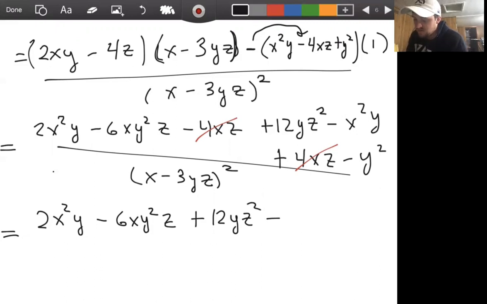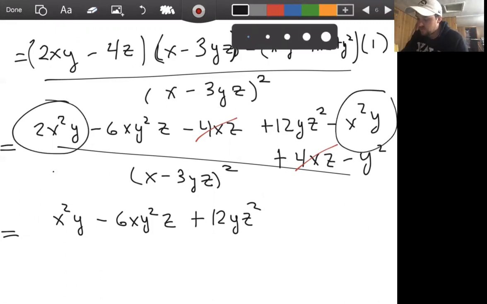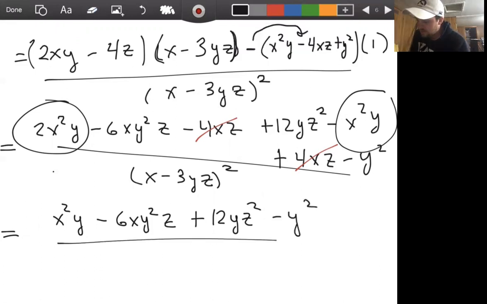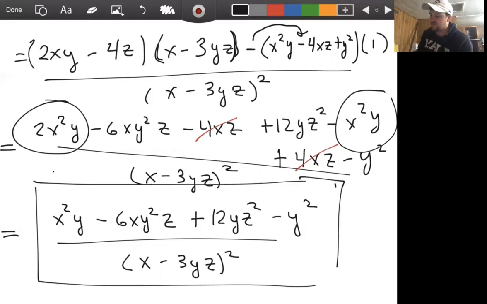We have 2x squared y, and then we have minus x squared y. And so what that would equate to is me simply removing this 2 out front. So we have x squared y there, and then there was minus y squared, all over (x minus 3yz) squared. And this is the partial derivative of the function with respect to x.